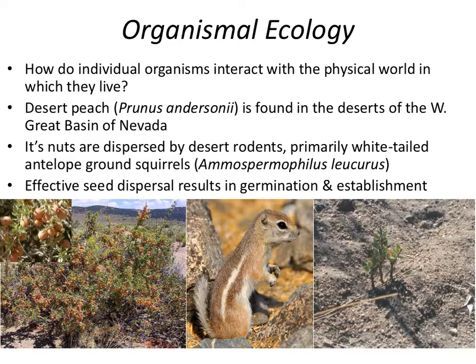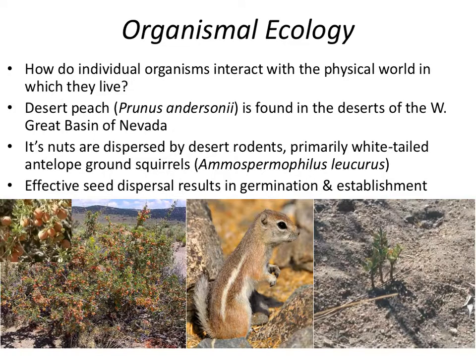Now, at the basic level is something called organismal ecology. That means looking at the whole organism, physiology, anatomy. So why it behaves the way it does is partly because of the way it's shaped and what it's designed to do.